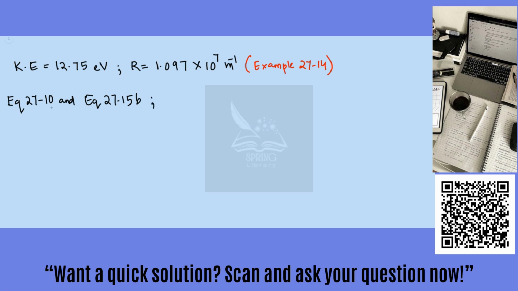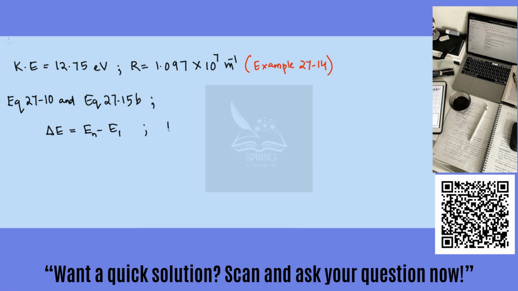Now, using these two equations, we find that delta E is equal to En minus E1, where En is the energy of the state to which the atom is excited after absorbing the photon, and E1 is the ground state energy.